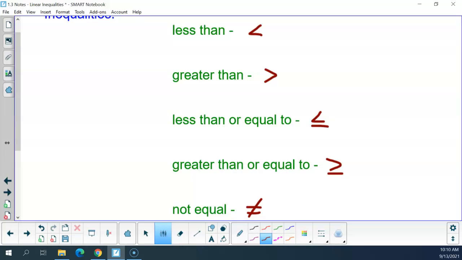When we're dealing with inequalities, we're going to have an entire range of values. So our range might be from 5 to infinity, which all make that statement true. Or it might be from -3 to 4. Those might be the only values that are true.